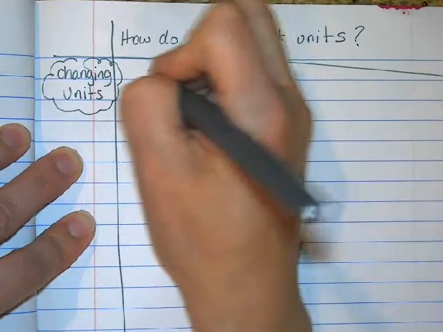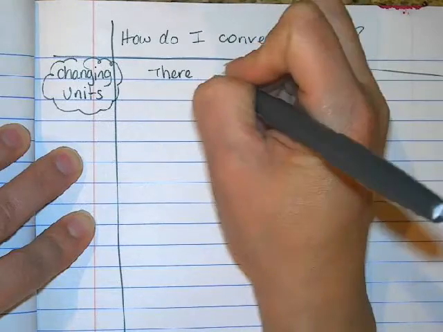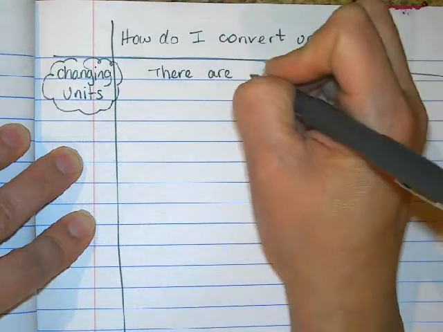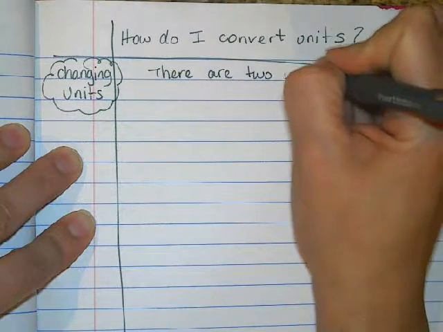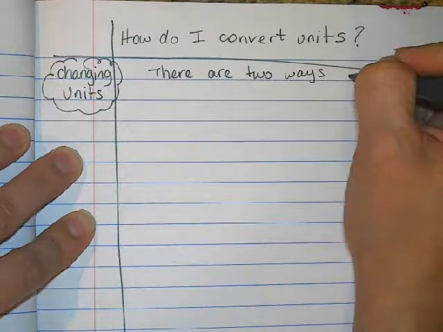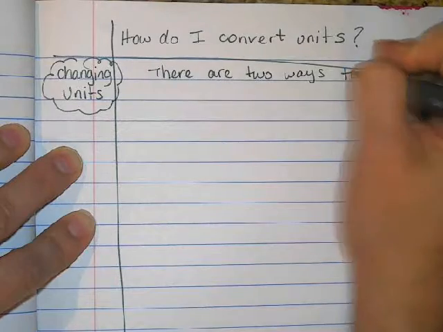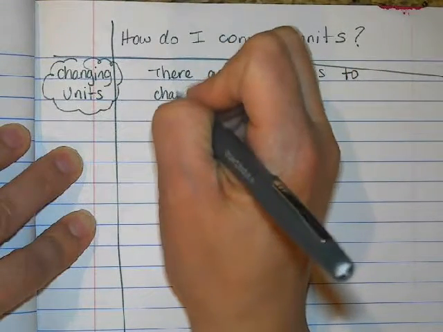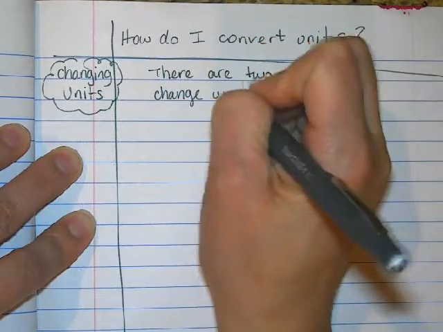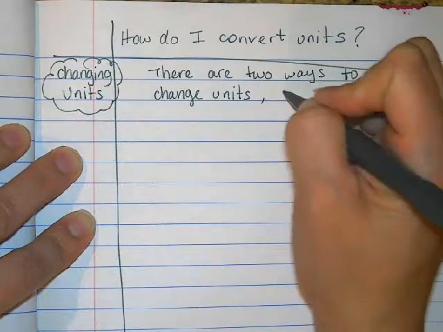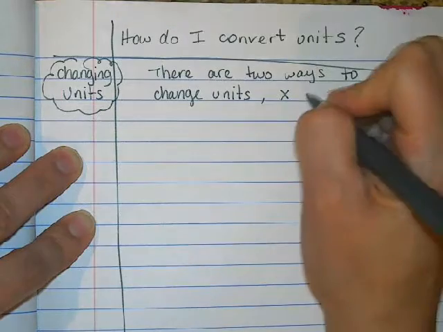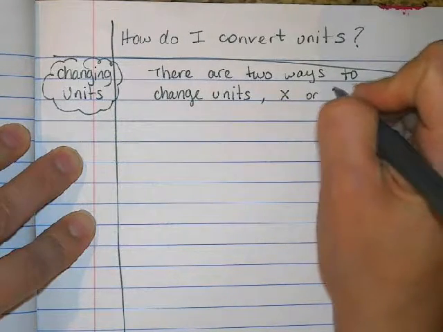So there are two ways to change units. Multiplying or, yep, you guessed it, dividing.